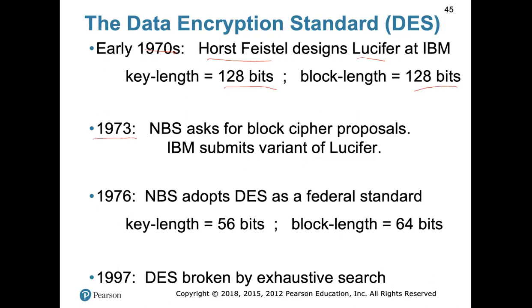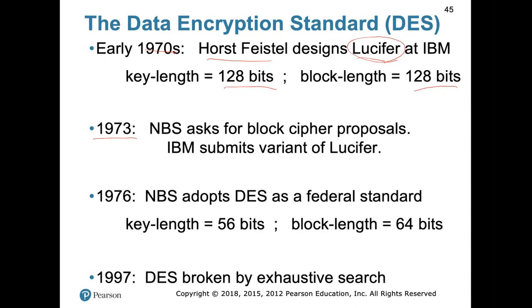In 1973, the National Bureau of Standards asked for block cipher proposals, and IBM submitted multiple variants or versions of this algorithm. And in 1976, they adopted it.